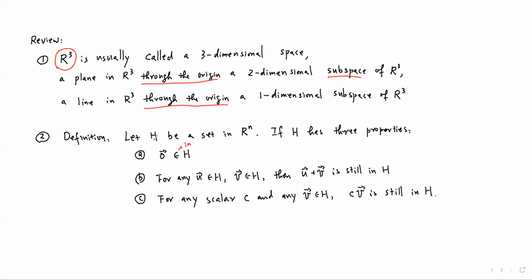If this set H has these three properties, we call the set a space.